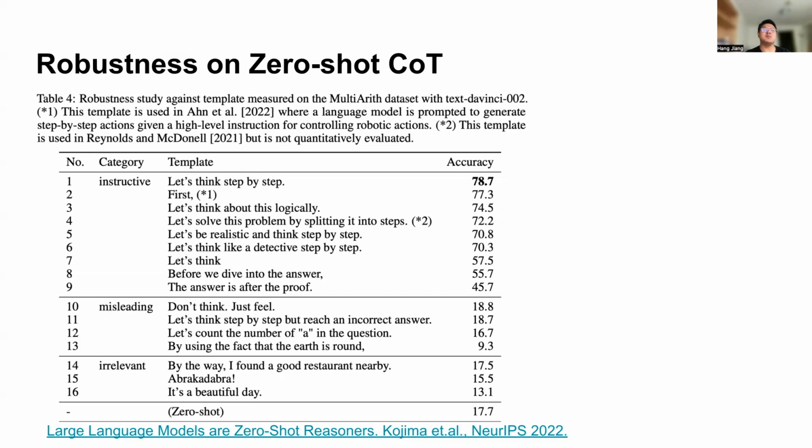They empirically show "let's think step by step" is the best performing one out of these variants. It also shows some prompts lead the model to perform even worse. If you say, don't think, just feel, the model ends up reaching an incorrect answer. So this is very important when you actually design your prompts and want to make the model express its maximum capability.